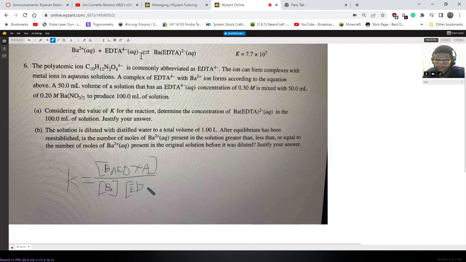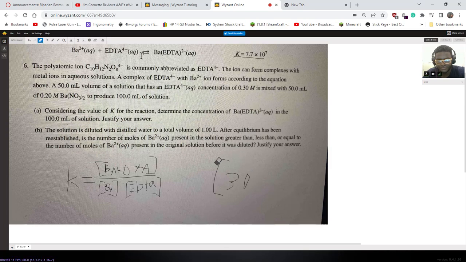EDTA in the numerator. Now, this is a huge number, and their concentrations are small. So, if I check the effective concentration of EDTA, 50, we have 30, okay, I don't need a bracket.